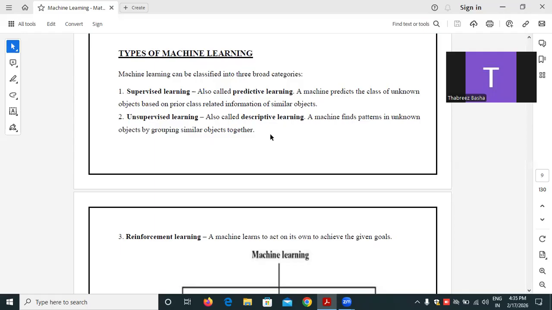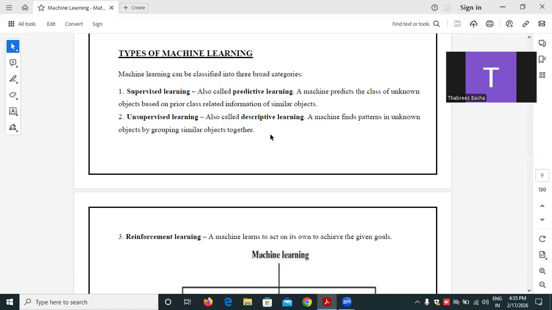Unsupervised learning is a descriptive modeling method. In this method, a machine finds patterns in unknown objects by grouping similar objects together. Reinforcement learning: a machine learns to act on its own to achieve given goals.